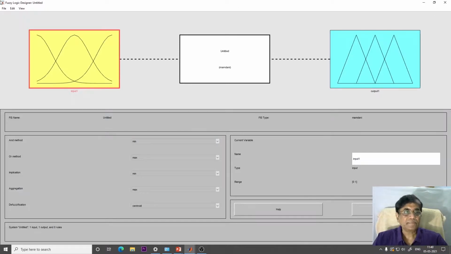Before solving any problem, you have to understand the problem. So here is the tipping problem. What are the parameters involved here, on which your tipping will depend? Definitely the quality of food.